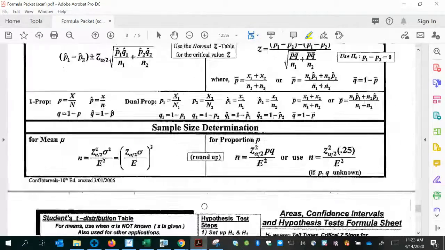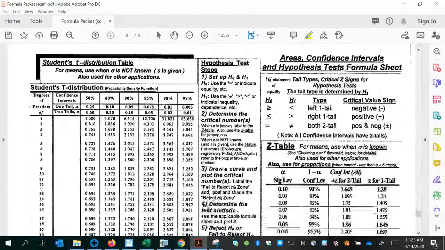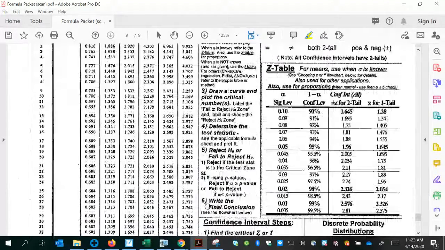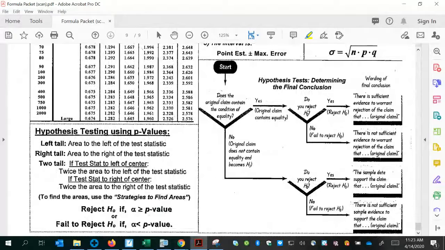It's on the second side of the printed formula sheet for hypothesis tests, down towards the bottom. And notice that it'll lead you through the right questions and answers and conclusions to choose to word your final conclusion with one of these four things. So first we're asked, does the original claim contain the condition of equality?